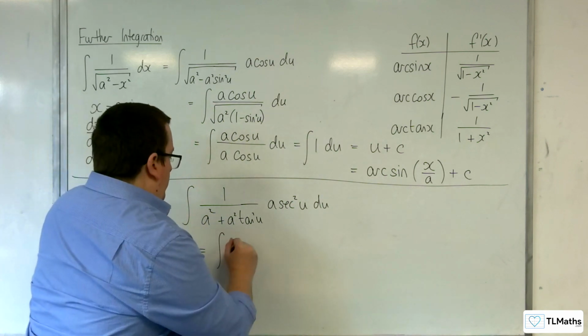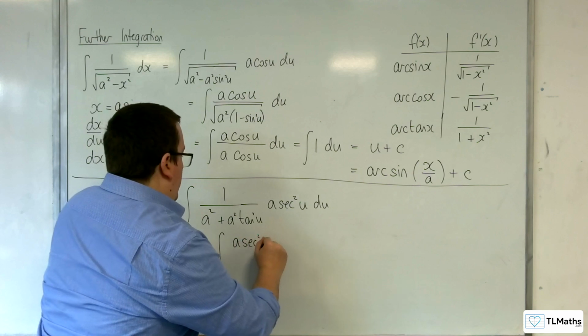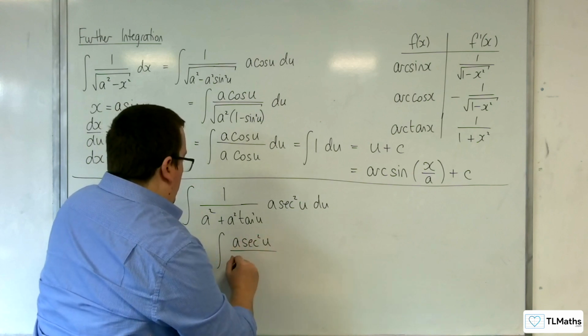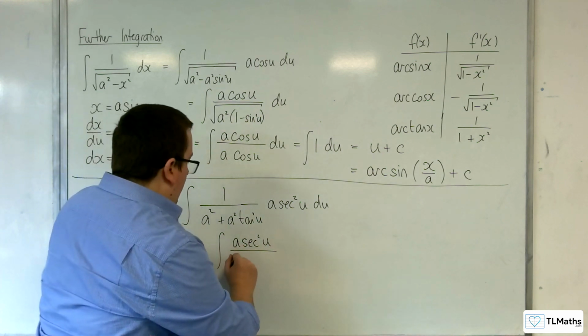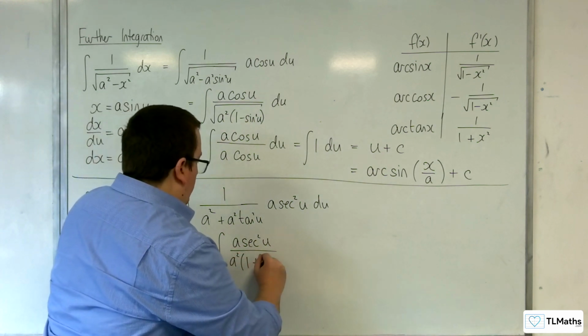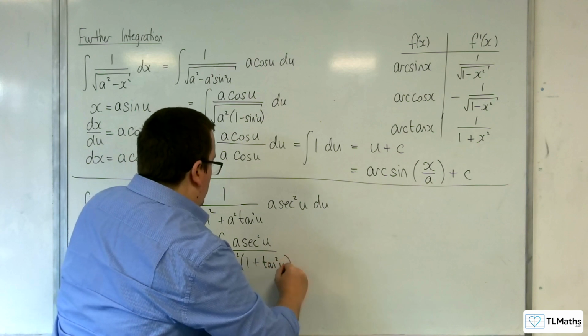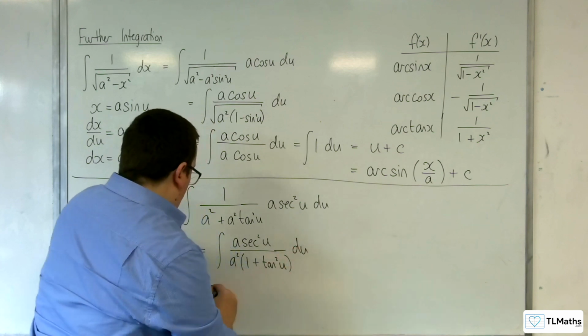So in the numerator, we've got a sec squared u over a squared plus a squared tan squared u. So I'm going to factor the a squared out. I have 1 plus tan squared u du.